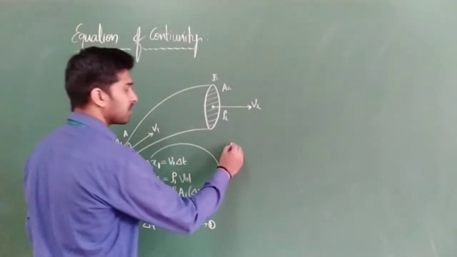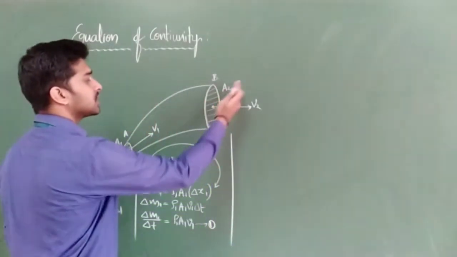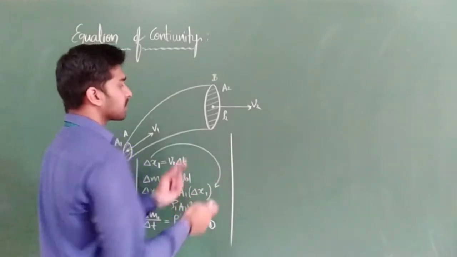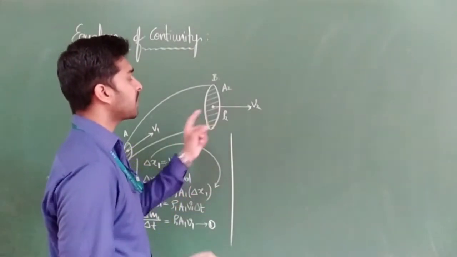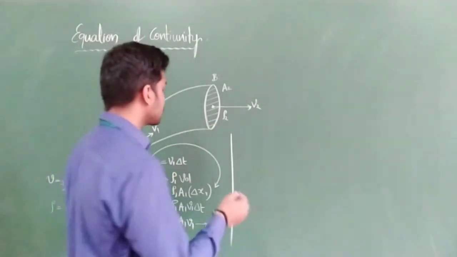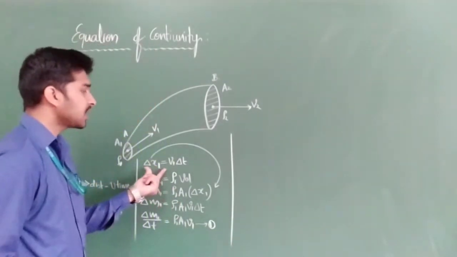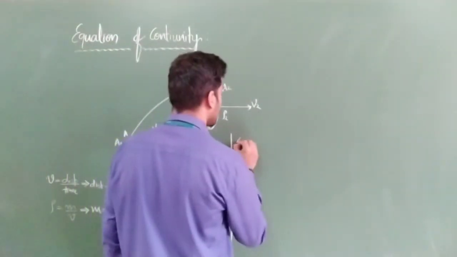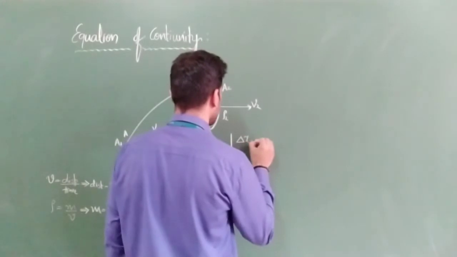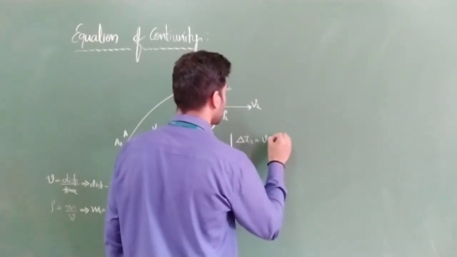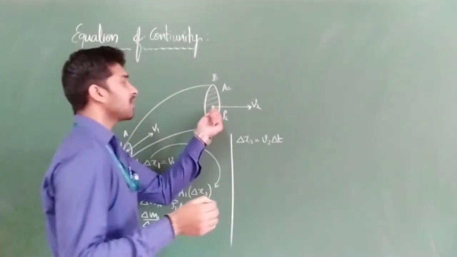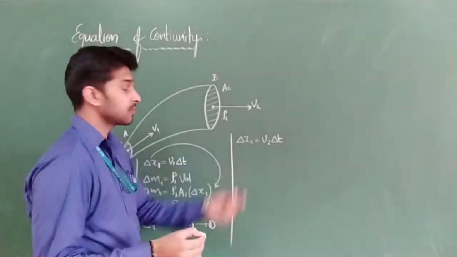Now we are going to calculate for the second part. Same thing: the distance covered by the fluid particle at the second phase, here we had considered delta x1, here we are considering delta x2, which is nothing but v2 into delta t, because here velocity is v2. Clear?